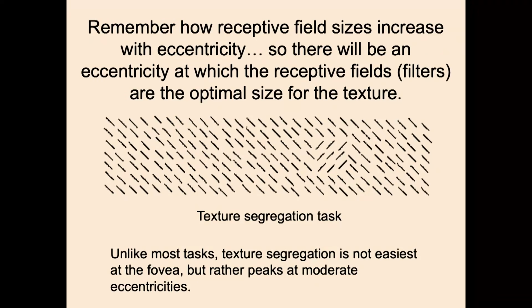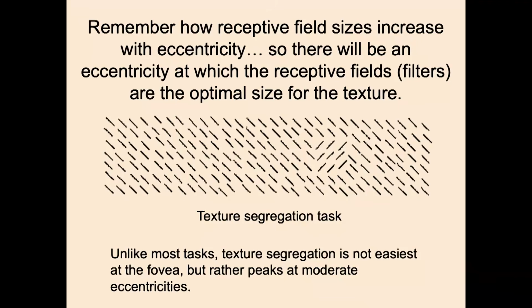And so the presumptive explanation for this phenomenon has to do with the dependence of the receptive fields in your visual system on eccentricity. You remember that one of the core organizational principles of the visual system is that resolution changes with eccentricity. What's eccentricity?